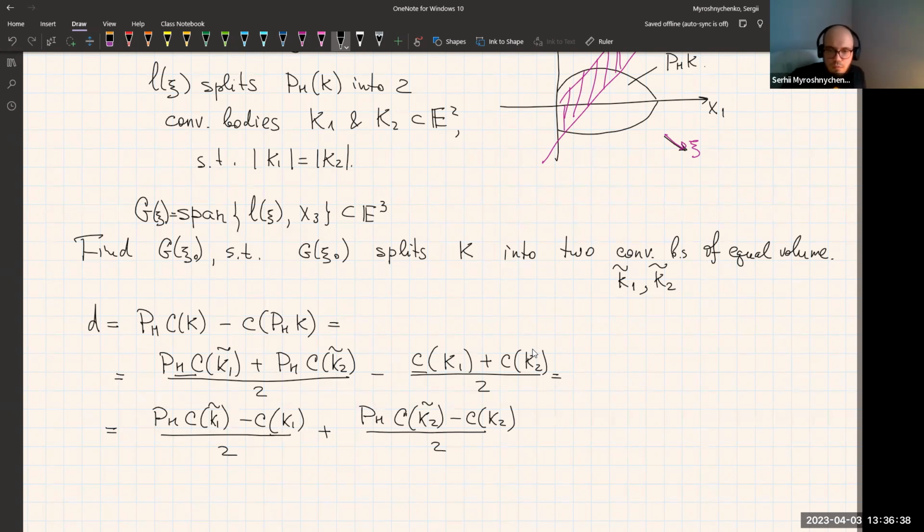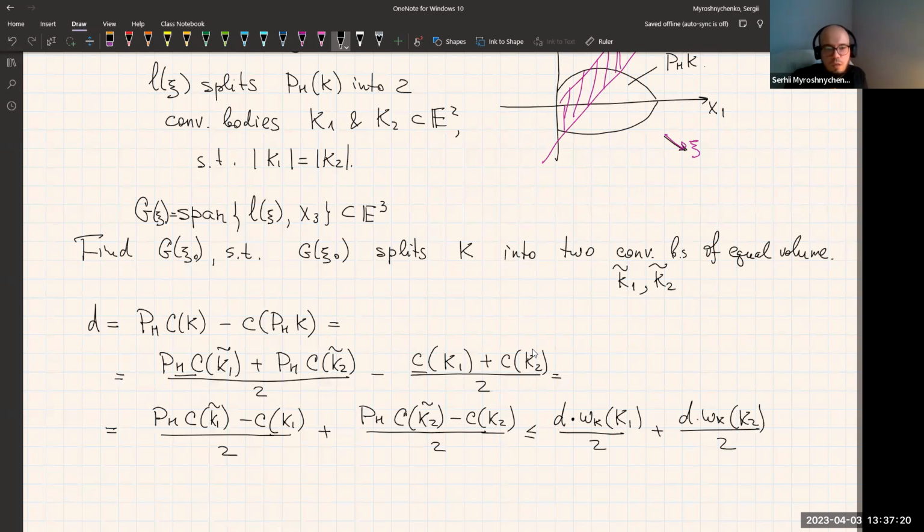Okay, nothing deep is happening on this line. But now, in fact, I can bound it, right? Because K1 and K2 tildes are convex bodies in R3, and I know that the distances for them, which are exactly the numerators of our new two fractions, are bounded by this maximal distance times the width of our body K1 tilde over 2, plus the same thing for K2 over 2.